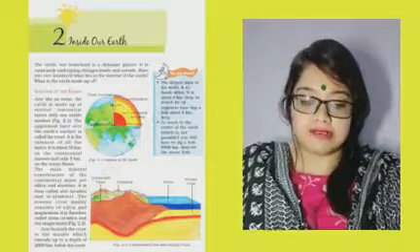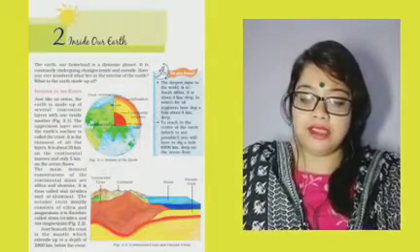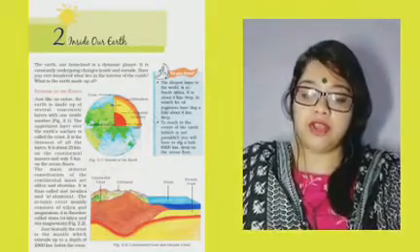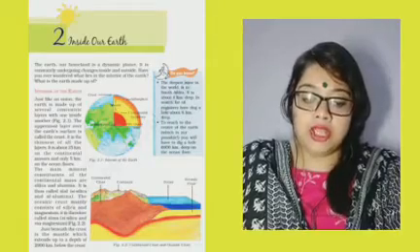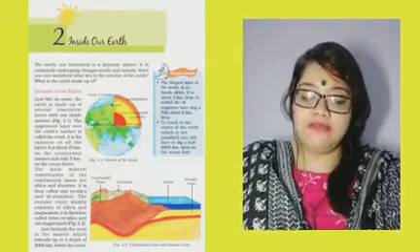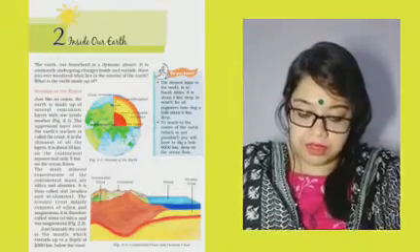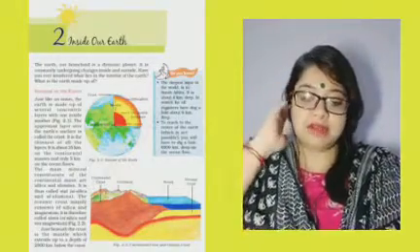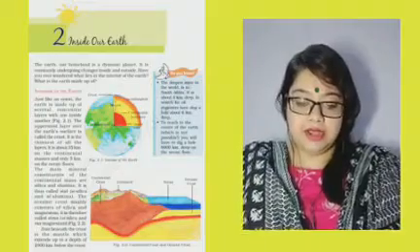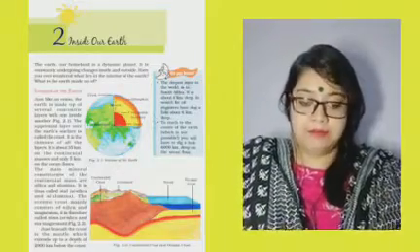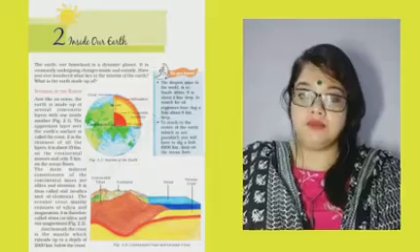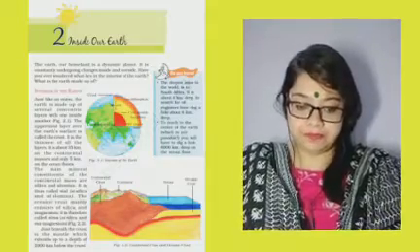It is the thinnest of all layers and is about 35 kilometers on the continental masses and only 5 kilometers on the ocean floor. Beneath the ocean floor it is much thinner, and beneath the continents it is 35 kilometers of stretch.